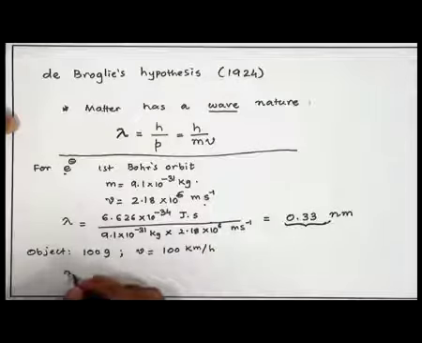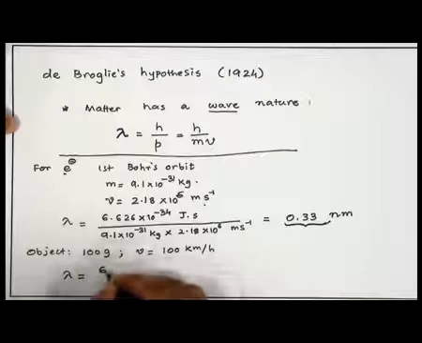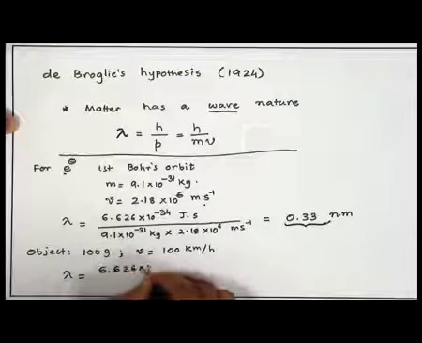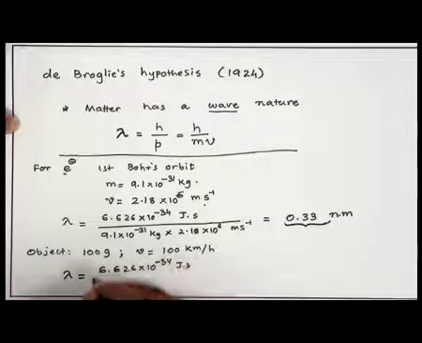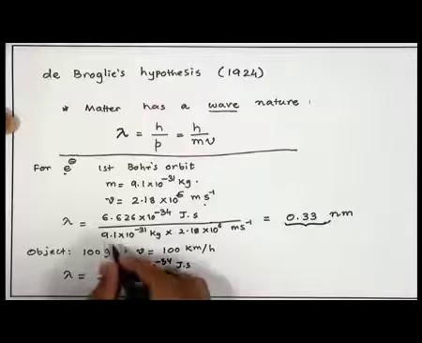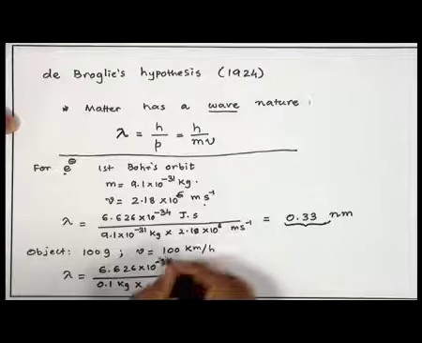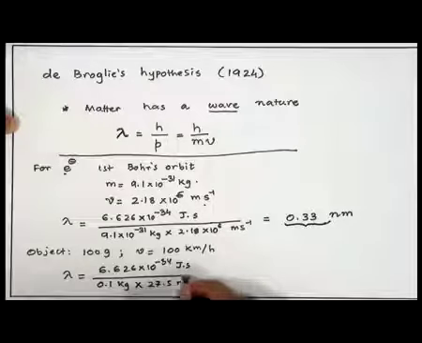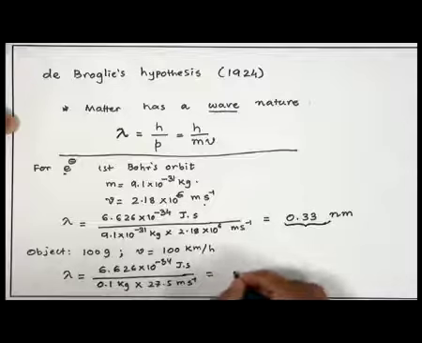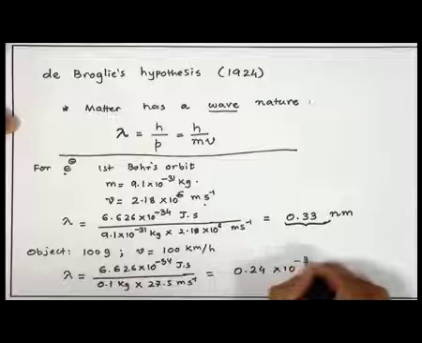If I want to calculate the de Broglie wavelength for this particle, I have again the same equation, h divided by mv. The mass is 100 grams, so I wrote it as 0.1 kilogram, and the speed of 100 kilometer per hour comes out to be about 27.5 meter per second. I am using all SI units, and if you solve it, you would get this number.